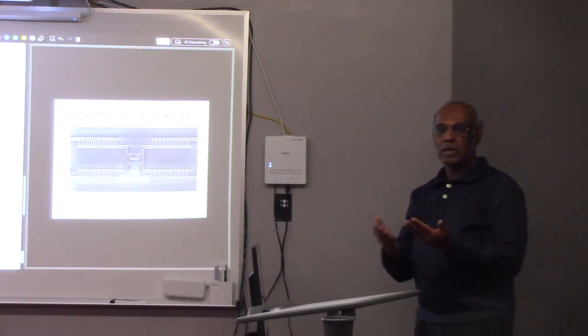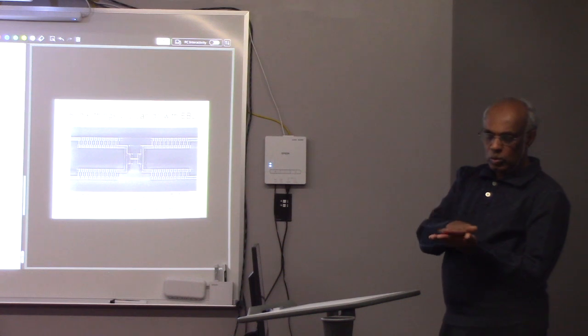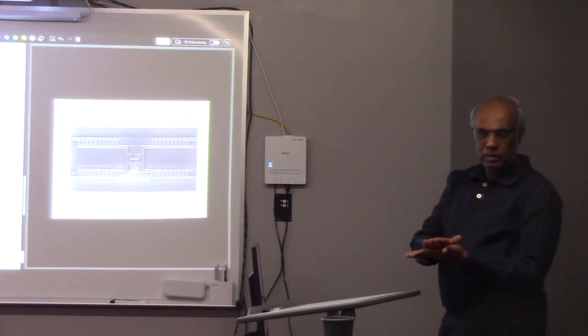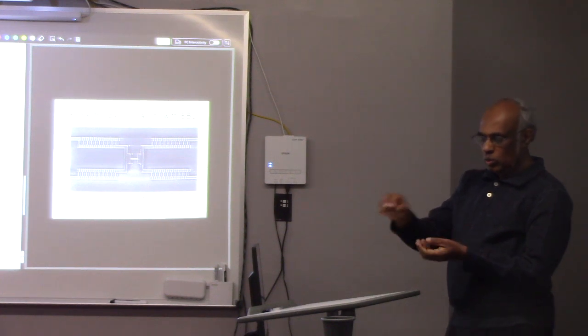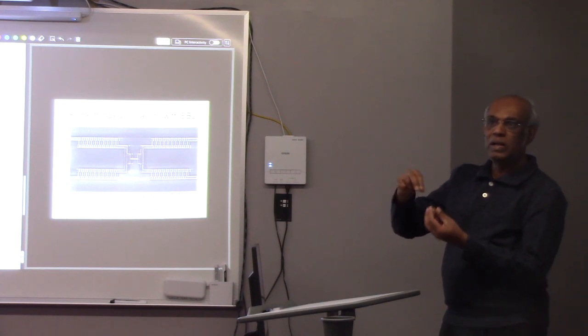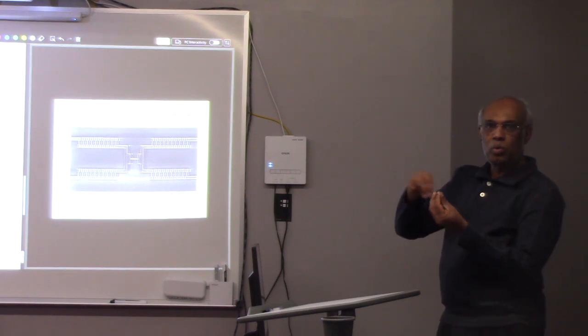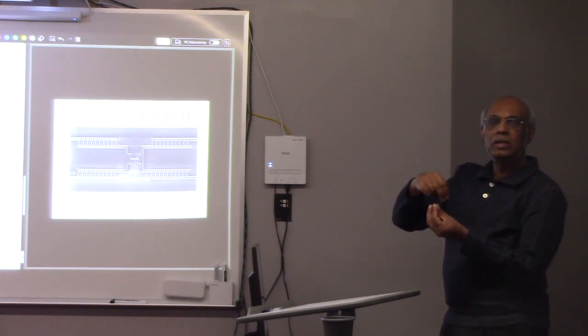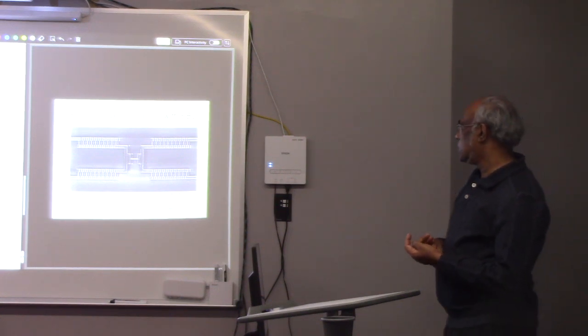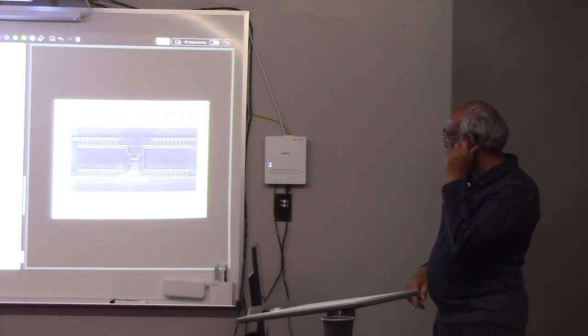So that means rather than exposing to this light with the mask, you write with the scanning electron microscope. You have electron microscope, you have to program it so that it can define the pattern. So that's how you do this kind of E-beam lithography.